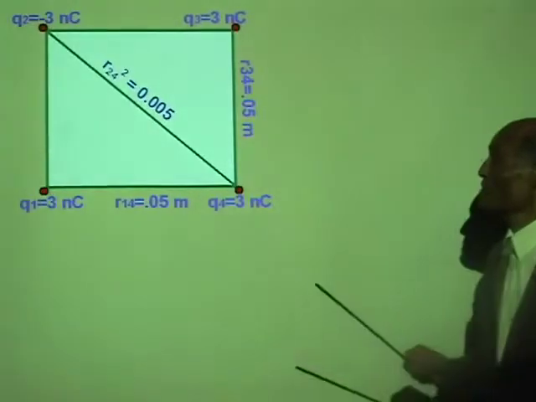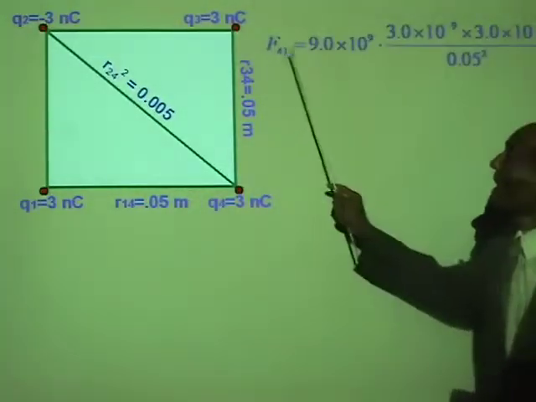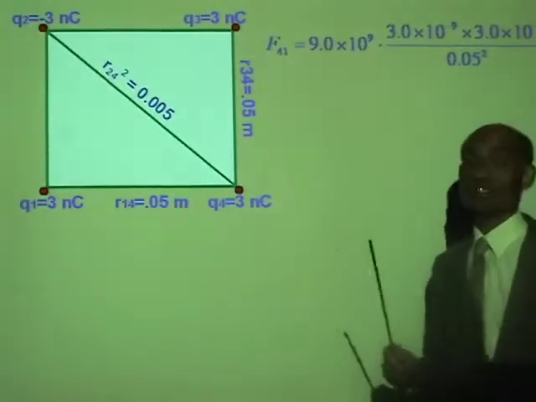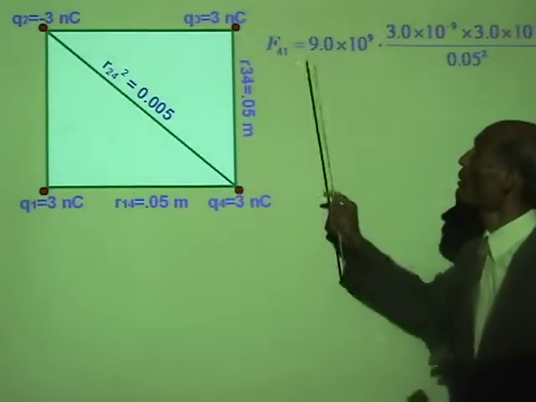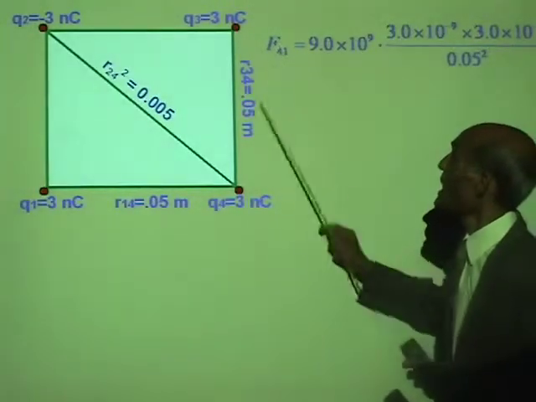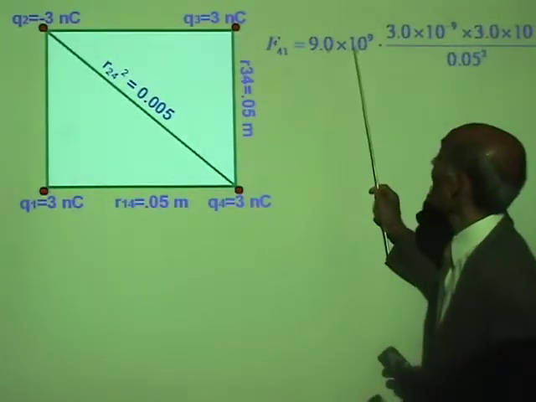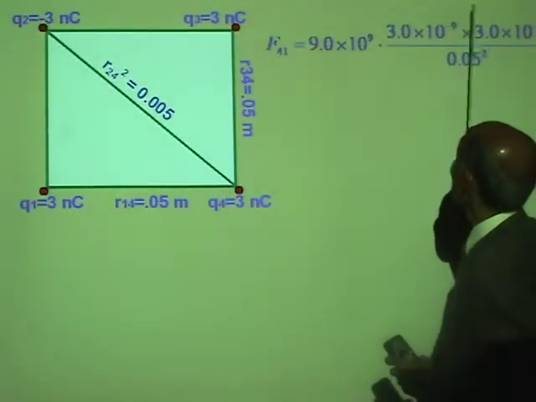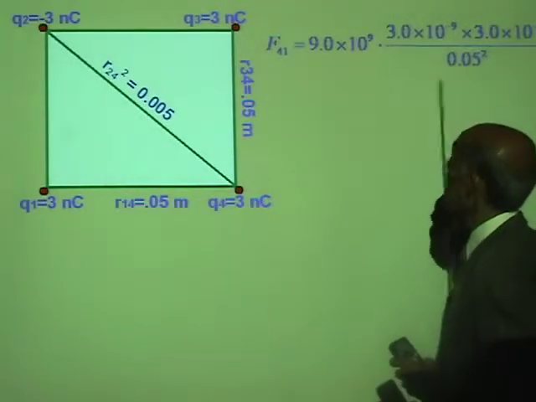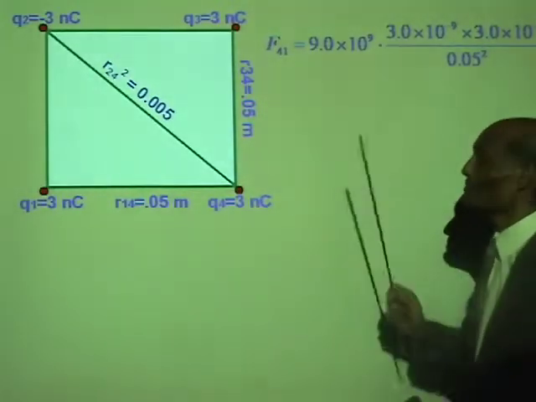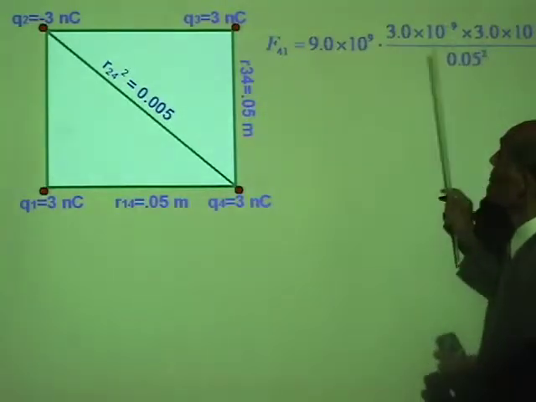Now, there is my picture. F41, what does F41 stand for? Force on charge 4 by charge 1 is K Q1 Q4 divided by R14 squared. I just used the values there.